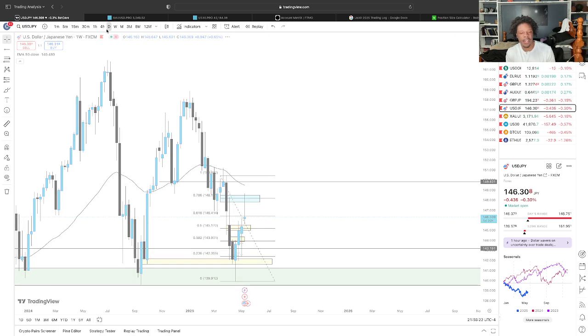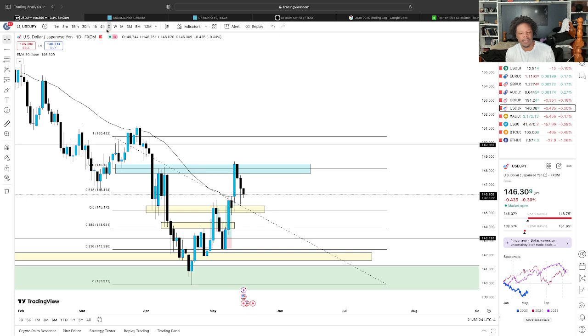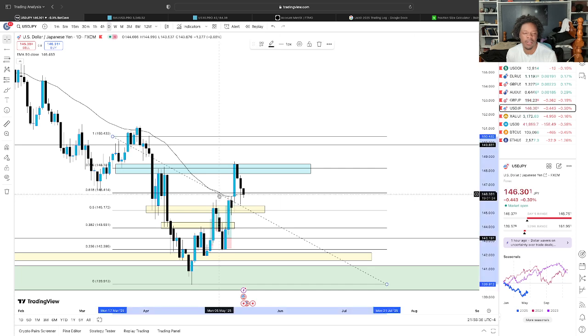If you go into the daily time frame, price action has created a lower low, a lower high, a higher low, higher high, higher low, higher high, and now looks to create a higher low.